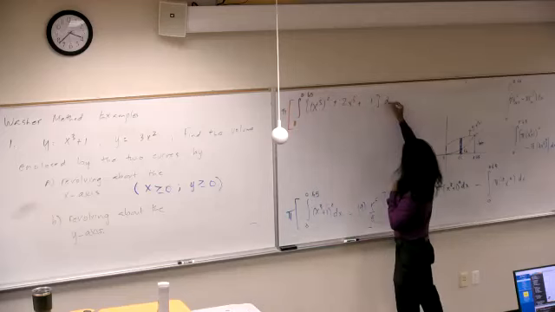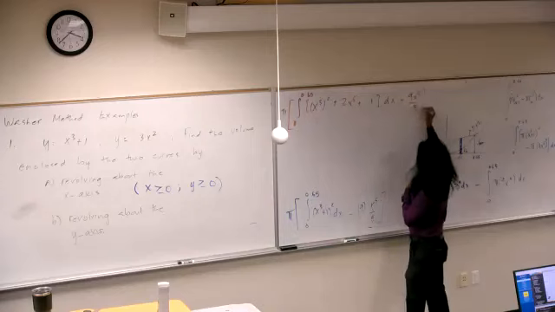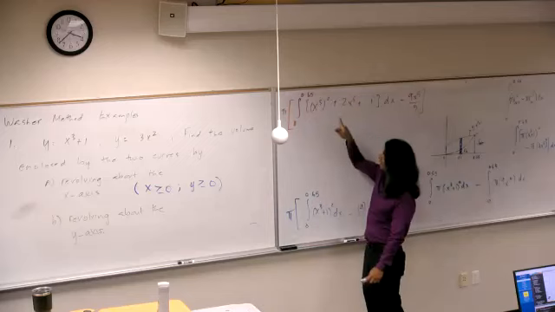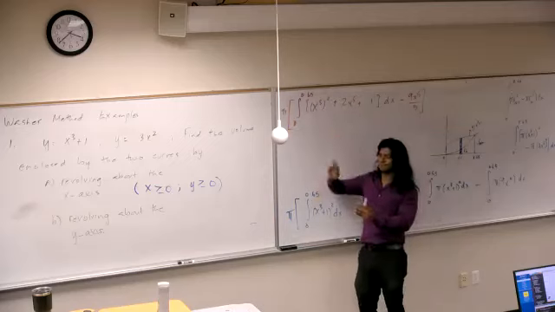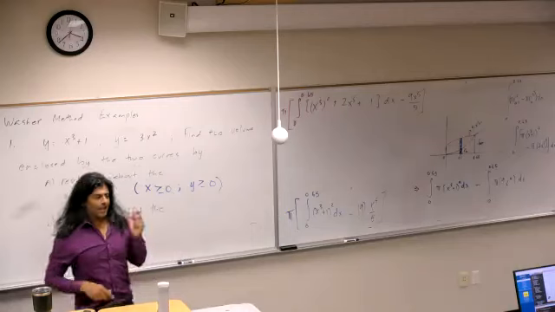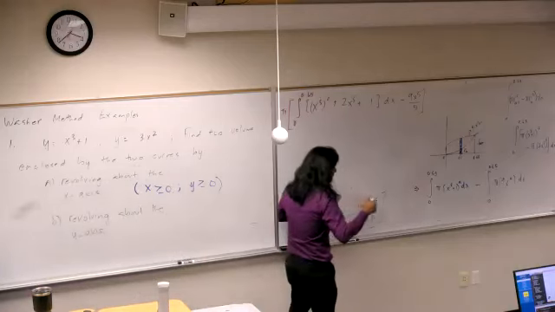Integrate that. As I went around, the most common mistake was right there. What is x cubed squared? x raised to 6. Still, some of you wrote it as x raised to 9.